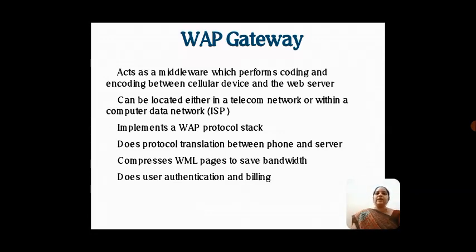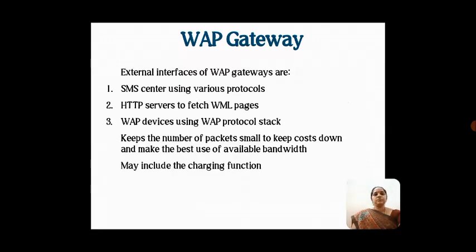It compresses the WML pages to save bandwidth, and it also handles the authentication process. The external interfaces of WAP gateways are the SMS Center and HTTP servers and web devices using the WAP protocols. It keeps the number of packets small to keep the cost down and make the best use of available bandwidth.